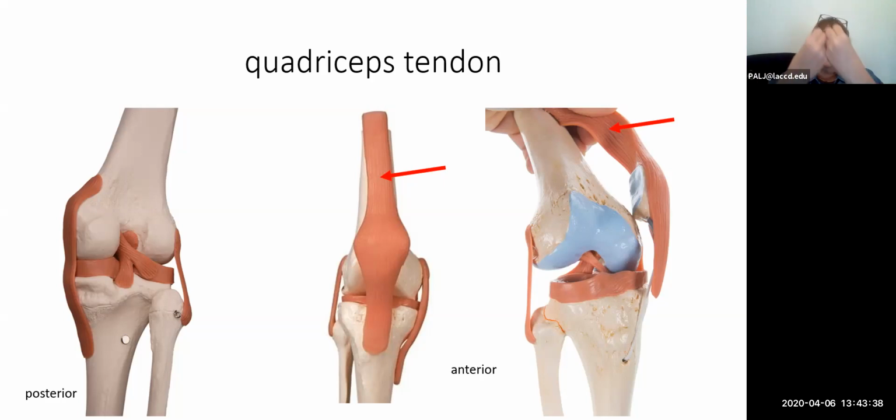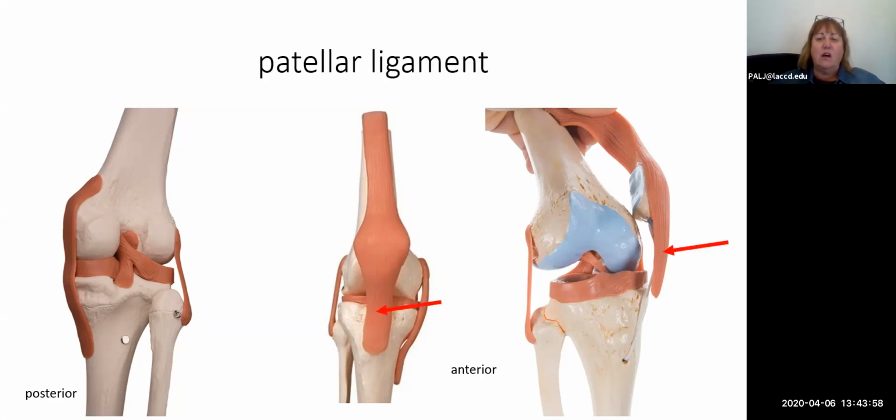So all four quadriceps muscles go to one tendon. And if we follow that tendon as it travels distally, you can see it goes to the patella. And then we have a structure that goes from the patella to the tibia, and that is called the patellar ligament.